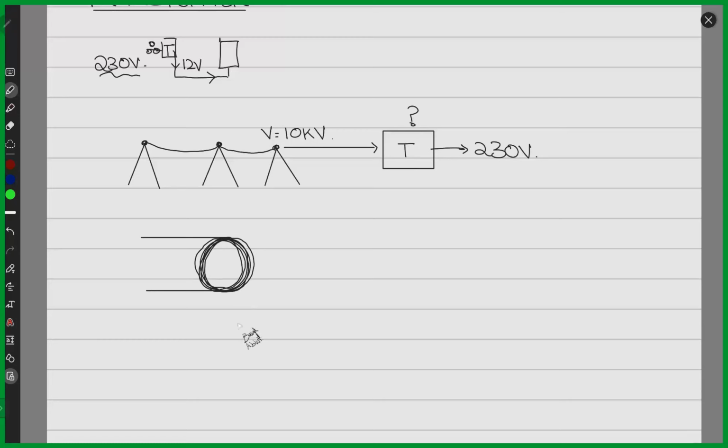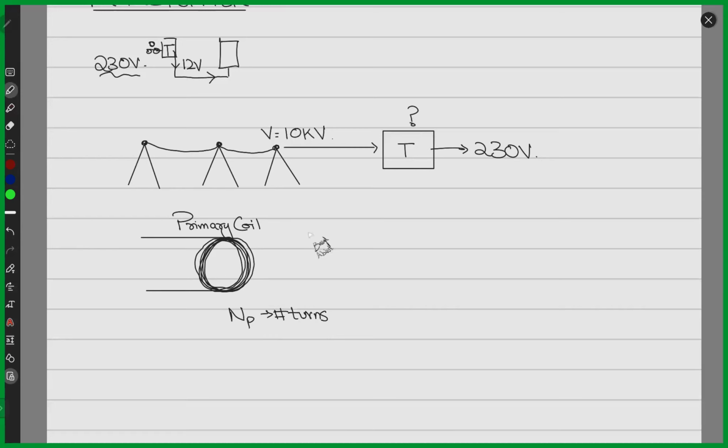You say that these number of turns are NP, because this is just one coil, we also take another coil, and we'll talk about that. This is known as the primary coil, and the number of turns on the primary coil is NP. So this is the number of turns on primary coil.